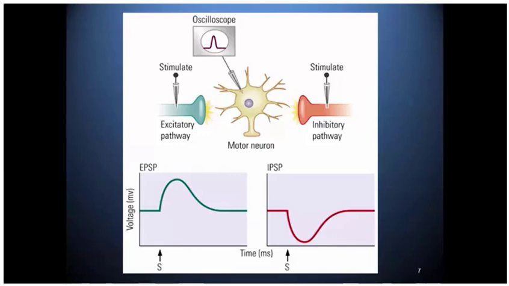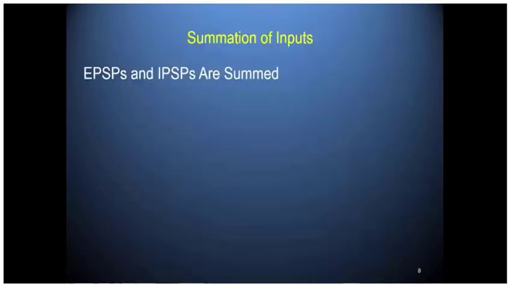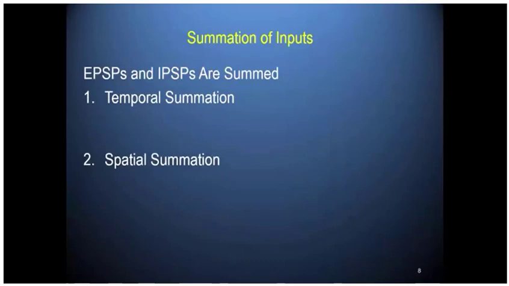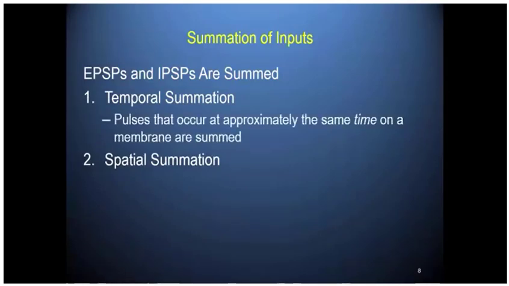Okay, so now we're going to look at how these messages are summed in the postsynaptic neuron. Those are driven by two different factors. There's temporal summation and there's spatial summation. Temporal is time related. So that's getting information at the same time or repeated messages very quickly, sequentially.